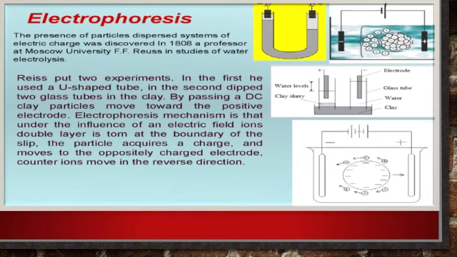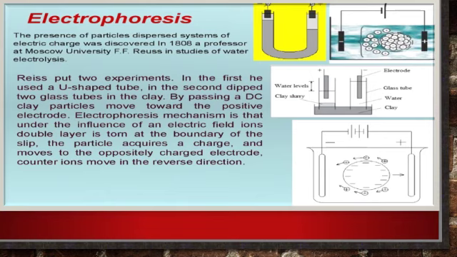Now let's discuss another property, that is electrophoresis. The existence of electrical charge can be shown by the process of electrophoresis, and it involves the movement of colloidal particles towards one or the other electrode when placed under the influence of an electric field.